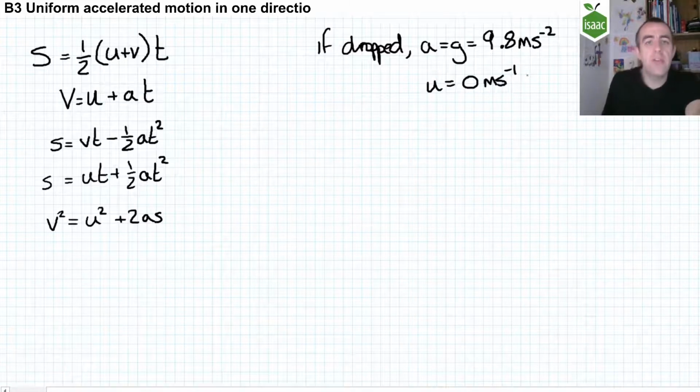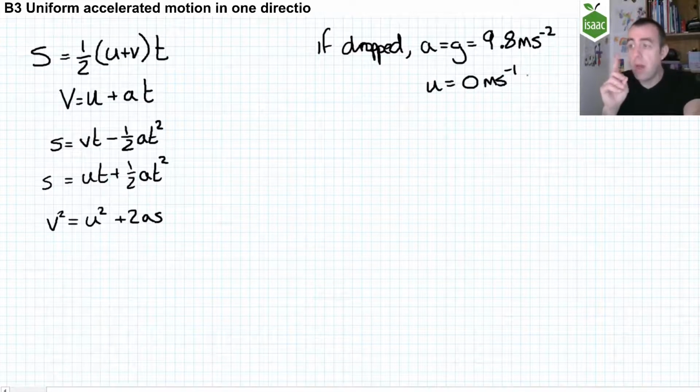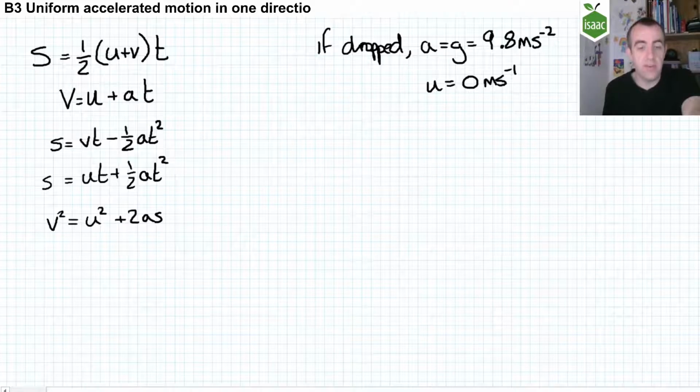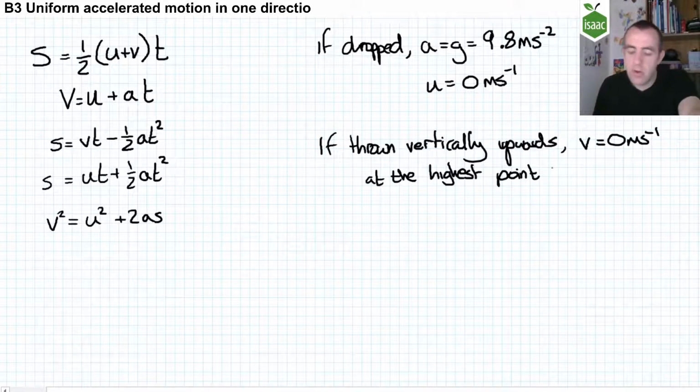Conversely, if an object is thrown directly vertical upwards, then it's going to stop when it reaches the maximum height, and so the final velocity in that situation would be 0. And it is very common for questions not to tell you these little bits of information which you deduce by reading the context of the question.